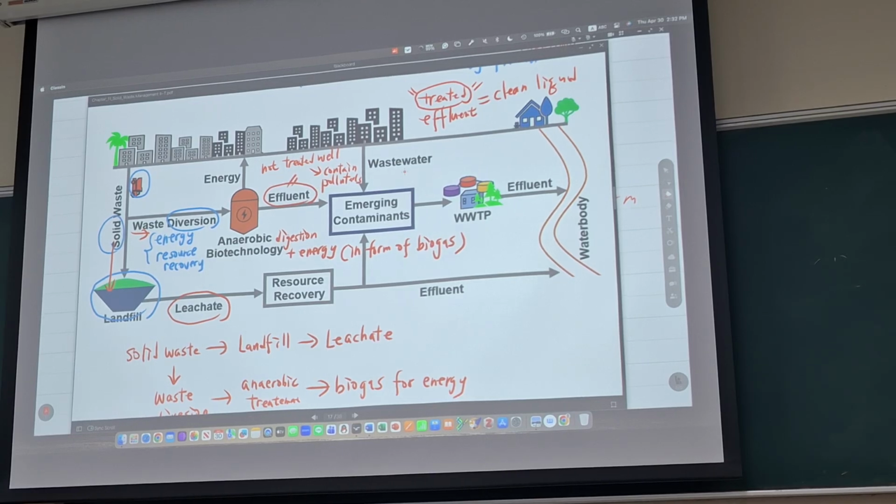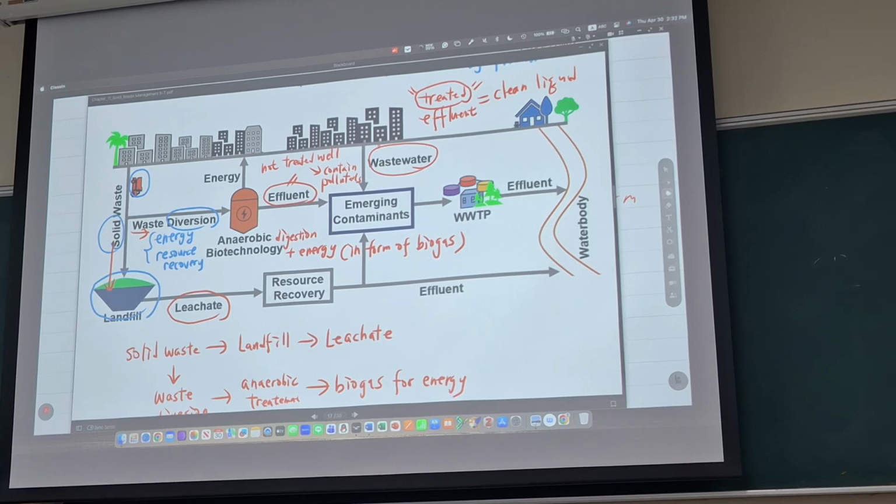So some wastewater from the urban areas can still enter.